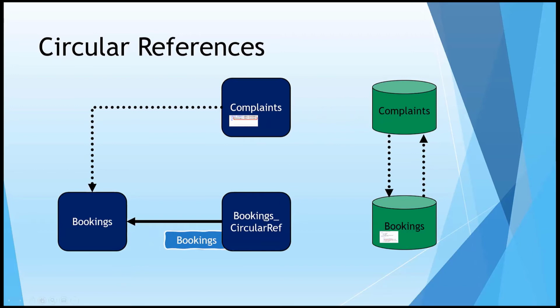At this point, this project is empty, but it contains everything from bookings in this virtual version. And then we create another database reference to the complaints project, and we create that view in our circular ref. And when we deploy from here, we deploy complaints to complaints, and we deploy circular ref to bookings, because it's going to drag this virtual bookings along with it.